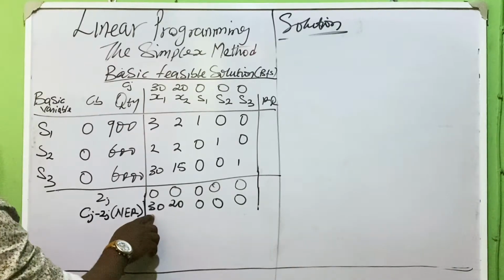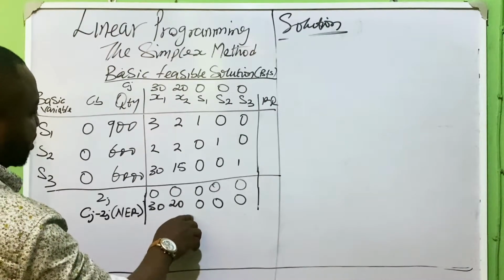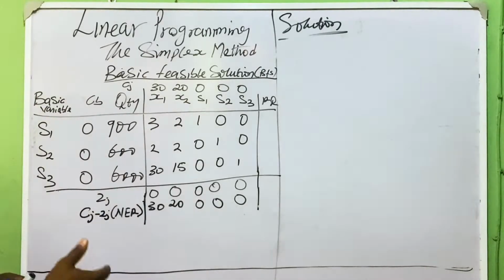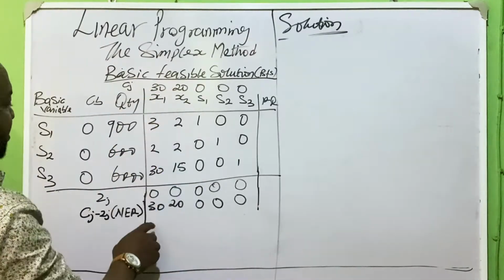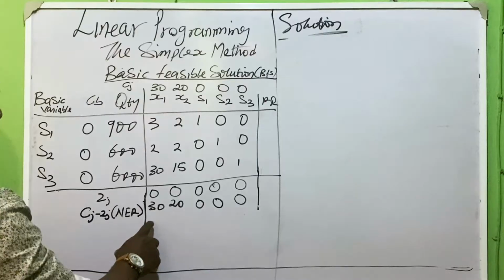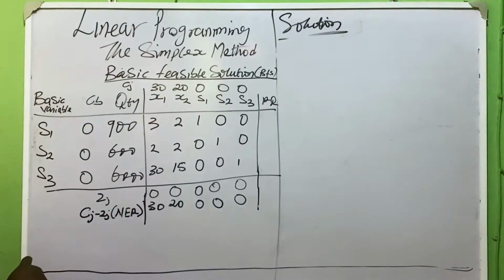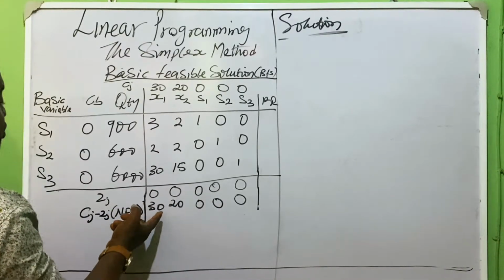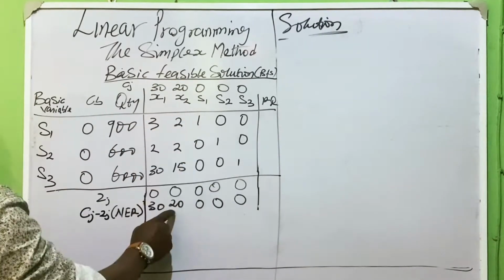So we look at this and say which one is higher, which one is going to give us more profit if it is introduced in the basis. Of course, profit is about higher values. So we have 30, we have 20. In a maximization case, you select the non-basic variable that has the highest positive value to come into the basis. So we have x1 to be 30, x2 20.